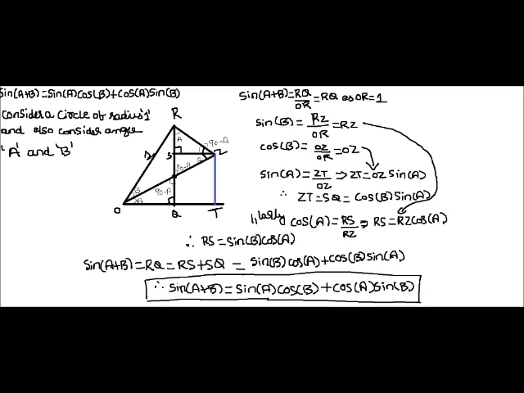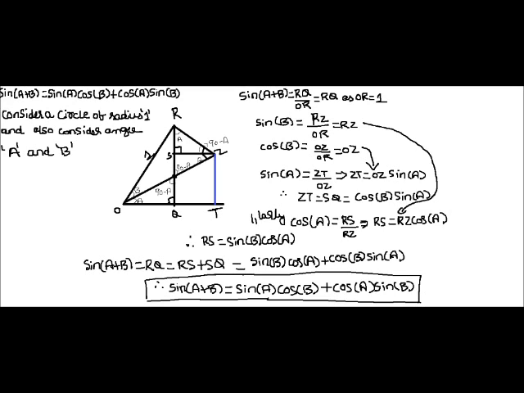Now, where did we get RS? If you look at the top right of the diagram, there is an angle A at point R. So RSZ is another right angle triangle, with the right angle at point S. So cos A is obviously the adjacent side RS by the hypotenuse, which is RZ.